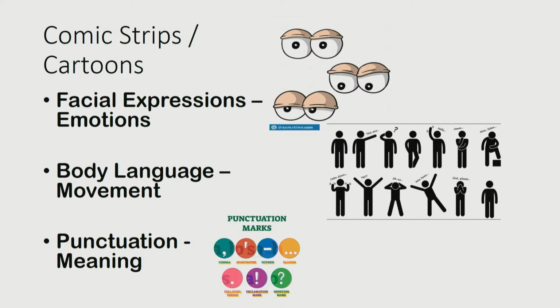The ellipsis is used to show the character is thinking about the situation, or maybe it carries on to the next frame of the cartoon or the comic strip. You need to look at the punctuation because that adds meaning to the character's words. So facial expressions, body language, and punctuation.